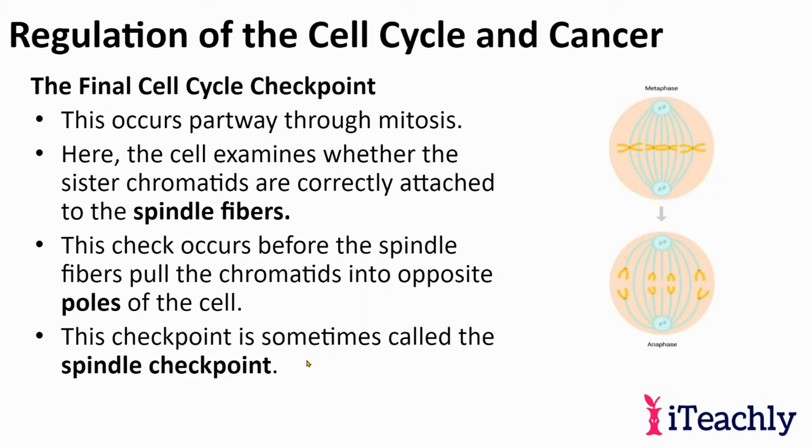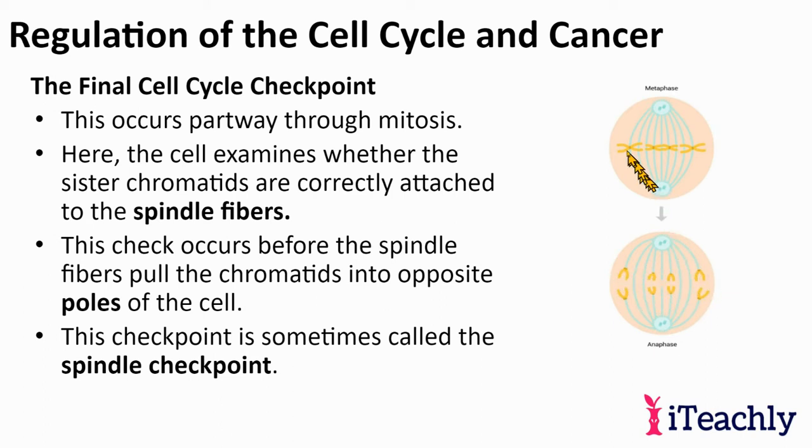Okay, so now the final cell cycle checkpoint occurs partway through mitosis. Here the cell examines whether the sister chromatids are correctly attached to the spindle fibers, right? So this is metaphase right here, where they're lined up. Sometimes you can have both sister chromatids come over here and none over here, right?